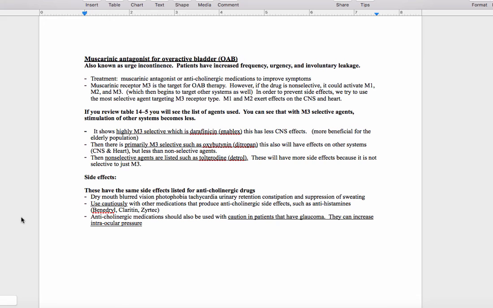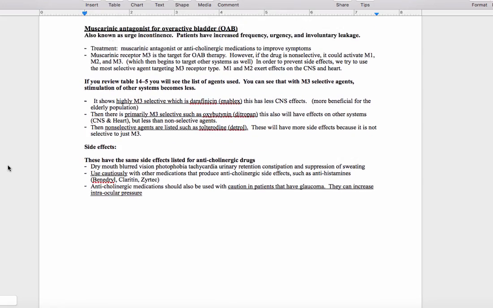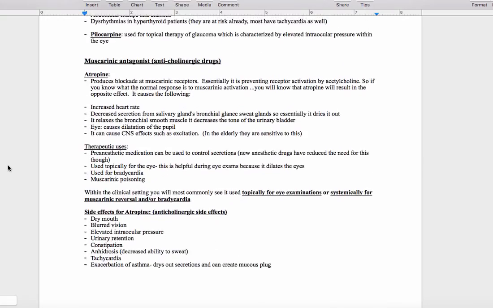So when you combine the two, obviously it's going to potentiate the anticholinergic side effects. Like I mentioned already, anticholinergic medications should also be used cautiously in patients with glaucoma because they can increase intraocular pressure.